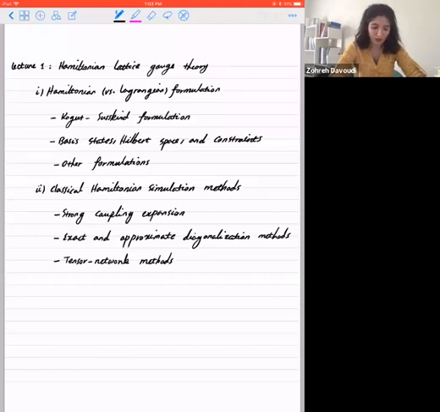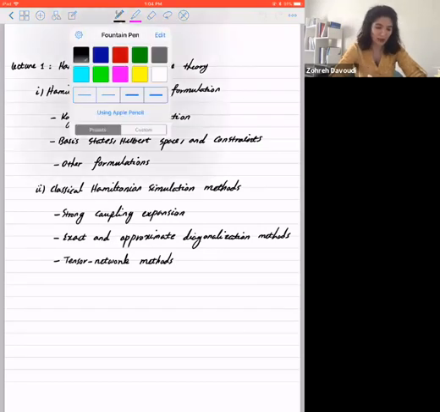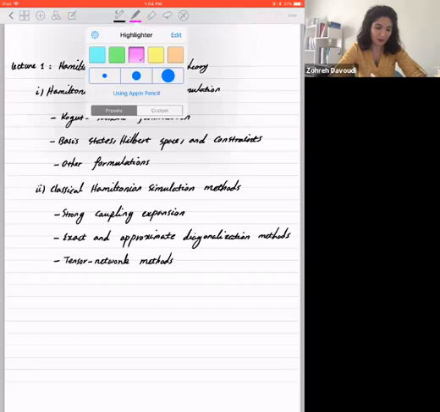However, there are other methods, including a strong coupling expansion, exact and approximated diagonalization methods, as well as more efficient and advanced tensor network methods. So with that, let me get us started.